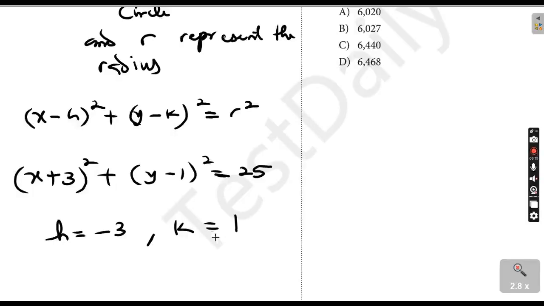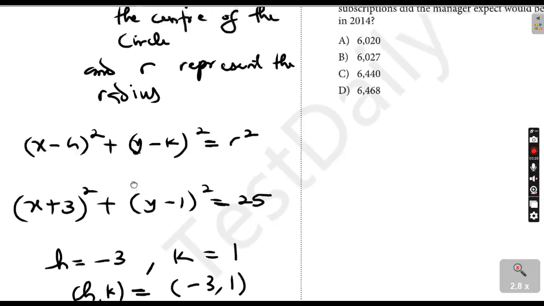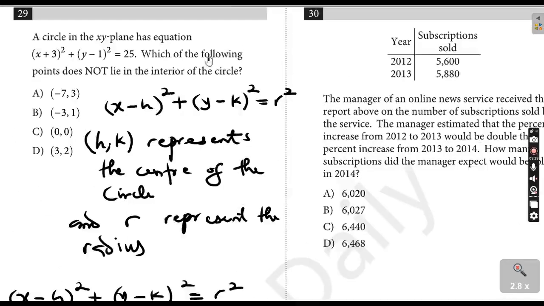Are we together? So it shows that the center of the circle, which is h, k, equals (−3, 1). But now they ask a question: which of the following points does not lie in the interior of the circle. How do you know when a point lies in the interior of a circle?